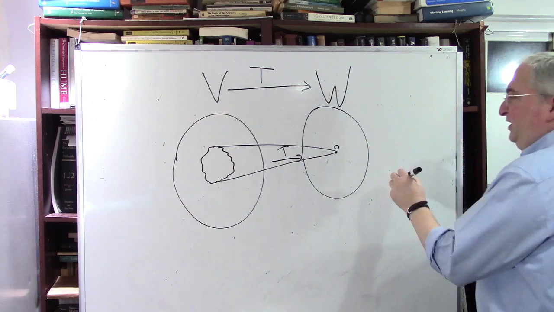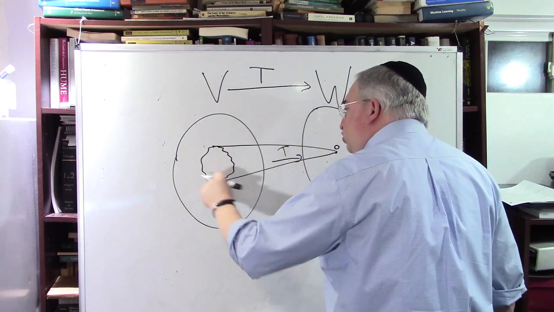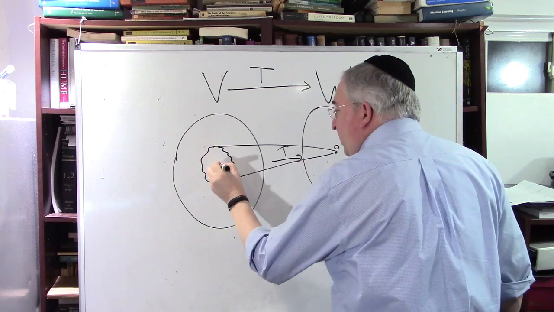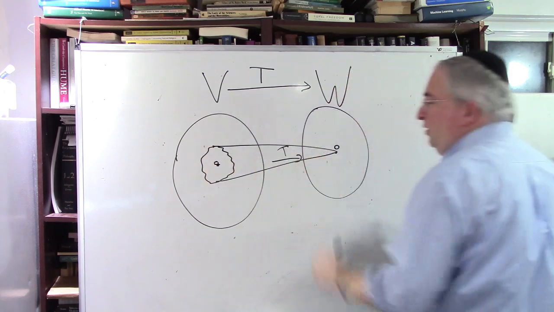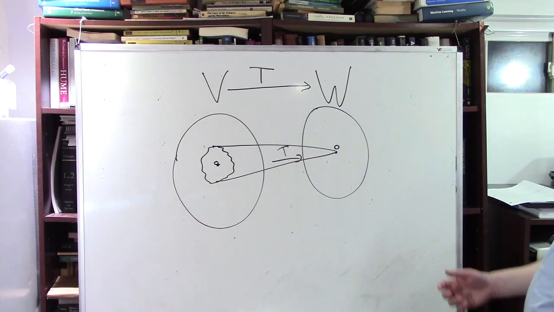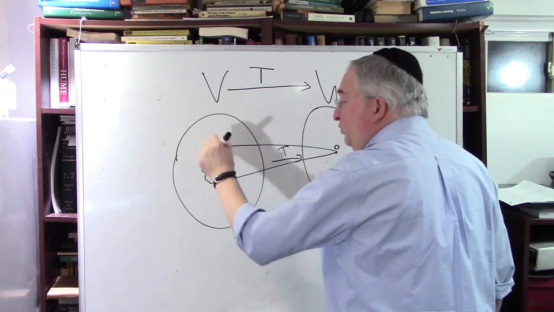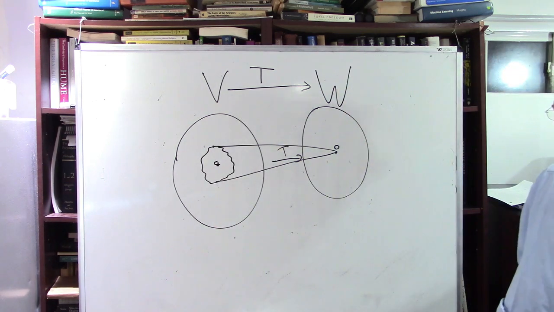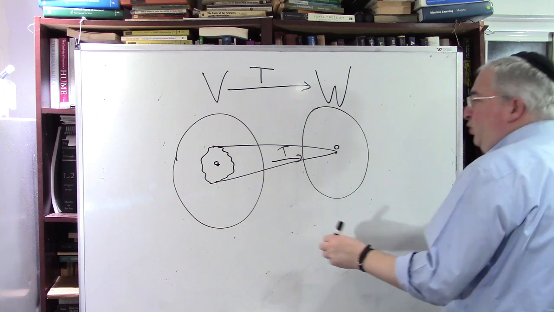By the way, 0 goes to 0, we saw that before, but a lot of other elements might also go to 0. Let's give this a name.